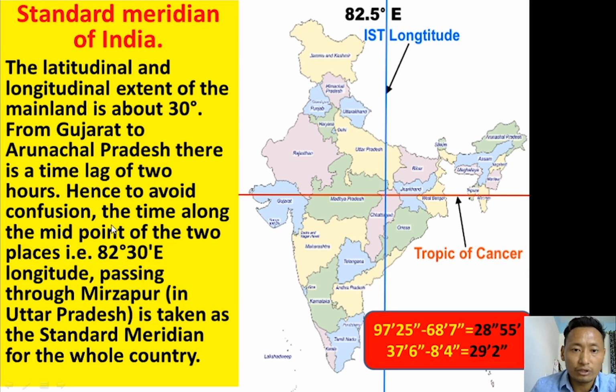Hence, to avoid confusion, the midpoint between 68 and 97.25 degrees east, which is 82 degree 5 minute east, is the standard meridian of India.